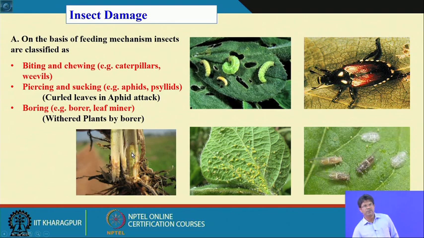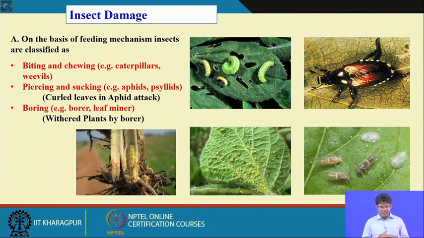It punches the stems and makes holes in them. This usually happens in rice at the maximum tillering stage. At that stage, the stem borers attack the tillers and punch holes in them, and as a result the whole plant dies.